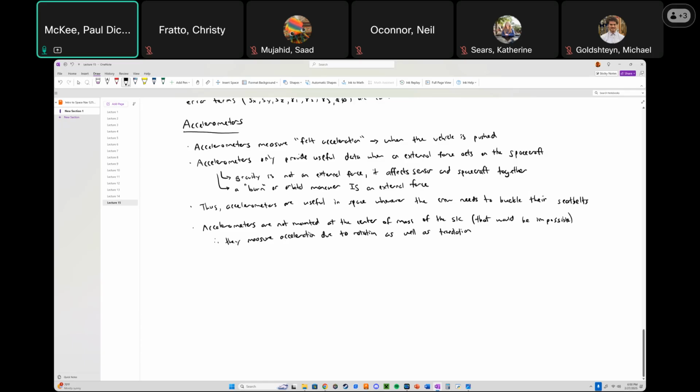So fundamentally, accelerometers work by measuring force required to accelerate a proof mass.